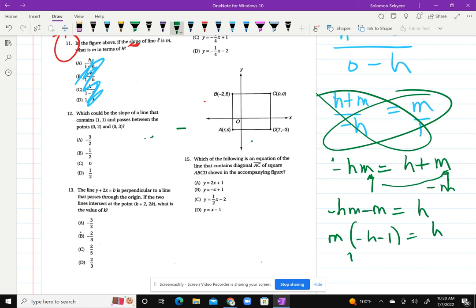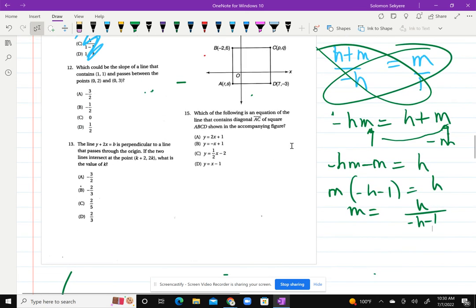And finally, what is m? m is equal to h over negative h minus 1. How do you rewrite this? This is the same as negative of h plus 1.